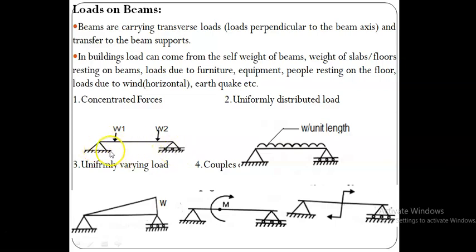I can refer to W1 as being at a distance of, say, 2 meters from the left support. We can also refer from the right support. W1 may be acting at a distance of 3 meters from the right support. So a concentrated force is one which acts at a single point.